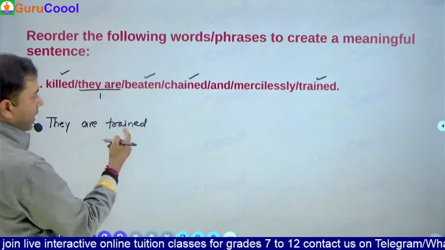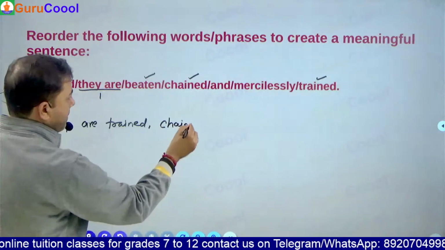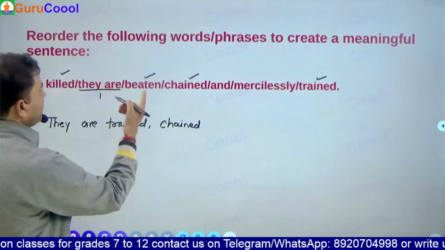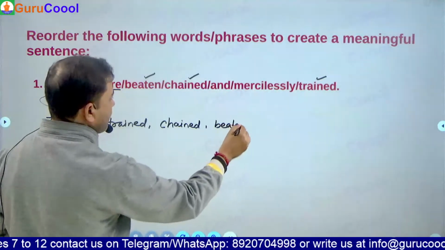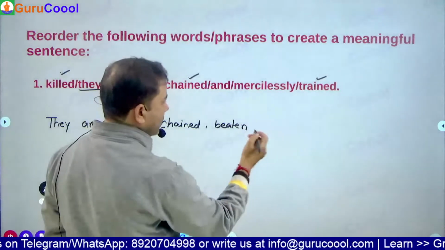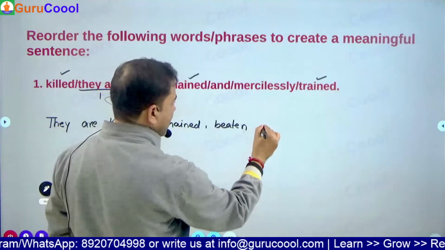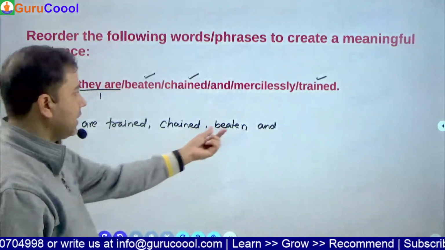They are trained, chained, beaten, and. Now we will write the fourth one. Before that we write and, because that's the last item.